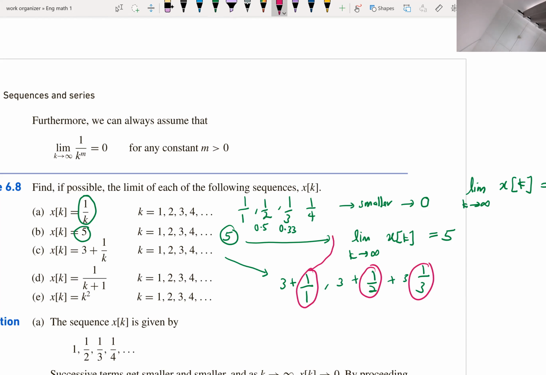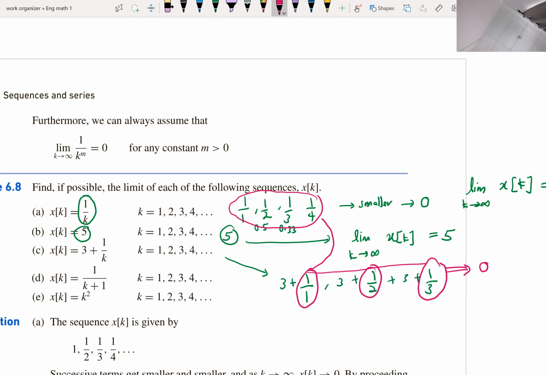This fraction will tend to 0 as k goes to infinity, so it will be close enough to 0.